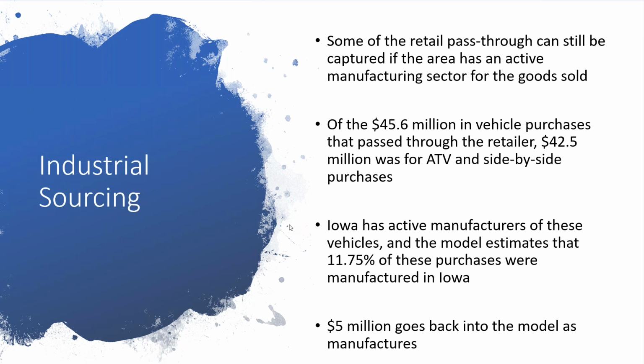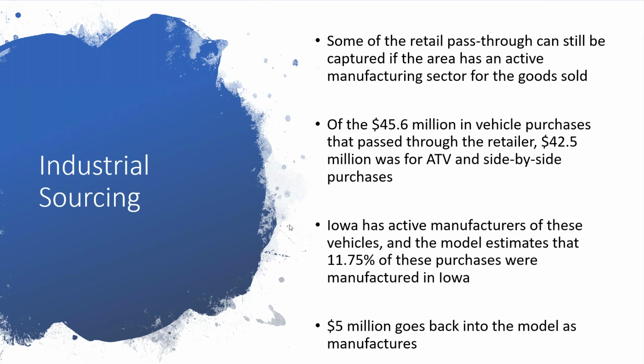And the economic estimates are that almost 12% of those purchases were manufactured in Iowa. So that 5 million goes back into the model. But off-road motorcycles don't have anything that goes back in the model because Iowa doesn't manufacture any of them. All of the cost of goods sold leaves. Gasoline doesn't come back in the model because Iowa doesn't produce any. So that all goes out of the model.